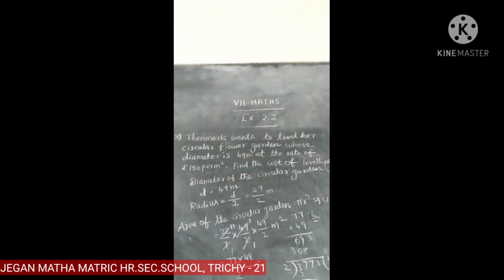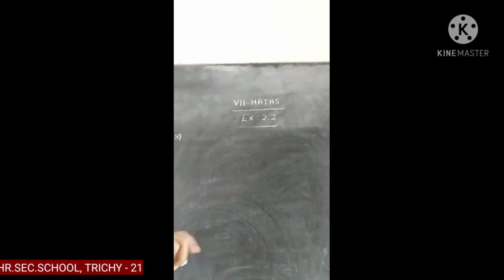So 1886.5 meters square. So the area of the circular garden is 1886.5 meters square. Also we find the cost of leveling.